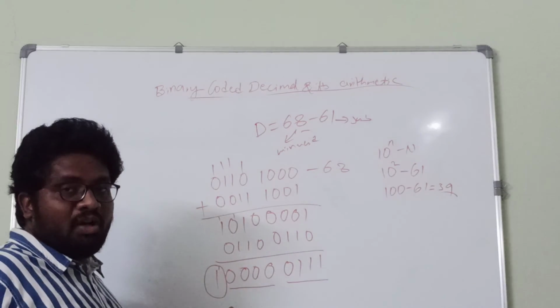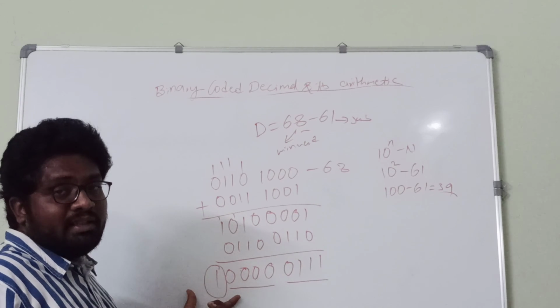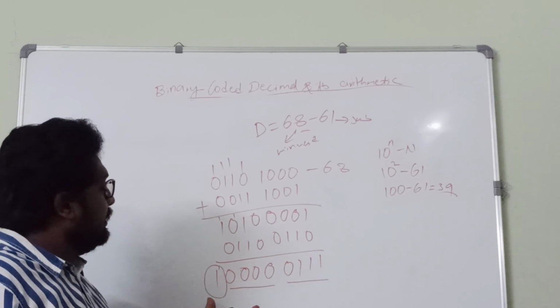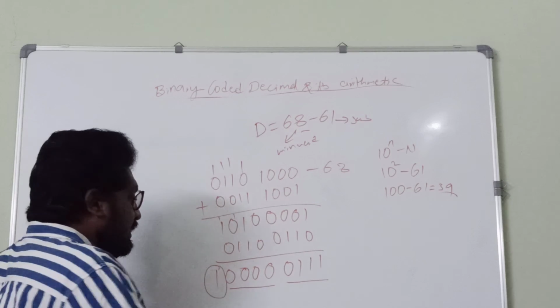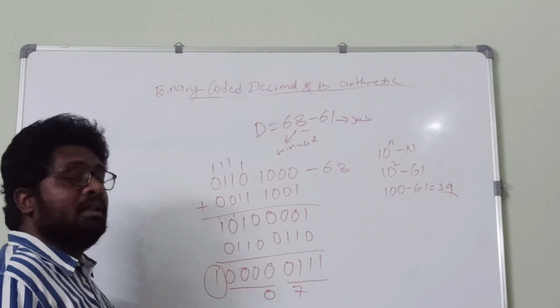By applying the tens complement representation rules, we need to discard this carry. So the final result is 0000 0111, which means 07.